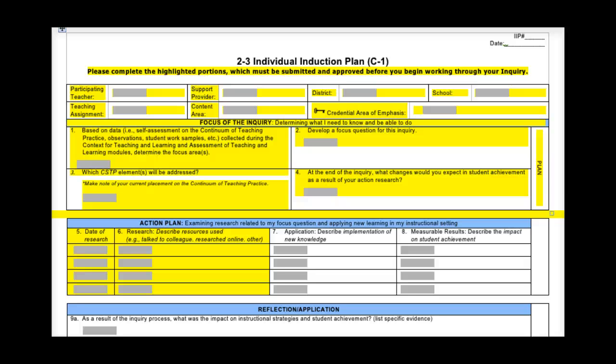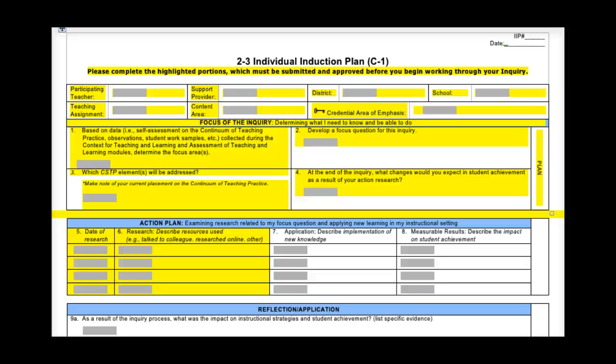So you will want to send comments back to the participating teacher within Haiku or to their support provider, depending upon how you handle it in your district, whether you comment back directly to the participating teacher or to the support provider. So the sign-off would be that actual grade, that X or P, that you put into Haiku to assure the teacher that their question, their measurable expectations, everything is ready to go.